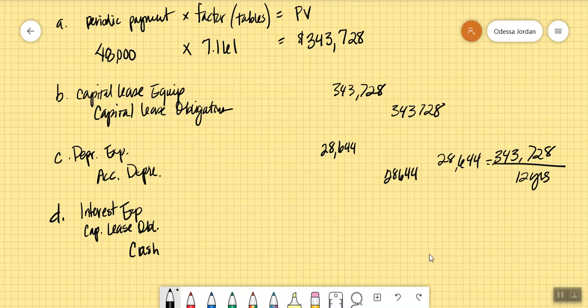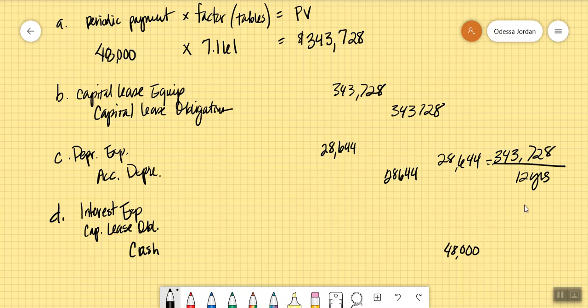All right, so we know that the cash amount that's going out is 48,000. Of that 48,000, we need to determine what portion of the 48,000 goes to interest expense and what portion of it goes to the lease capital obligations. The easiest to do at this time is to calculate the interest expense because we have the data to calculate that.